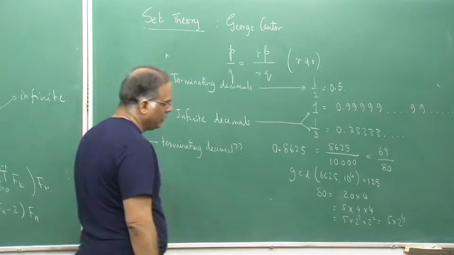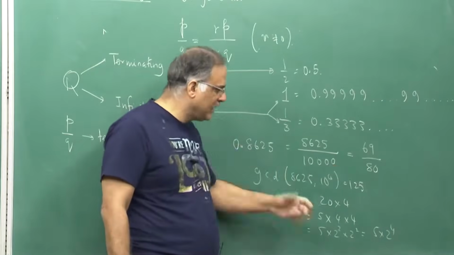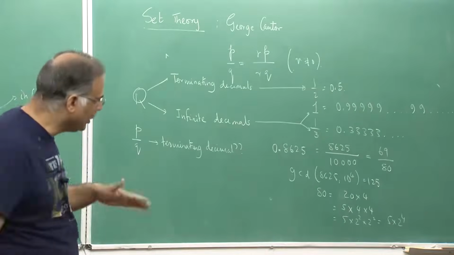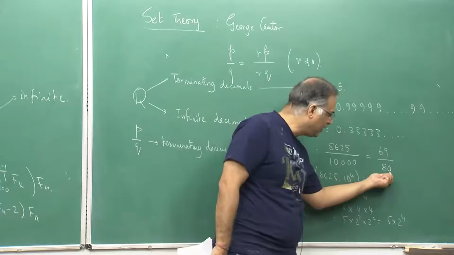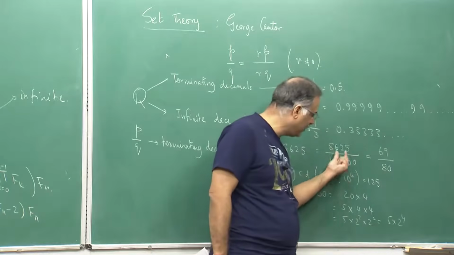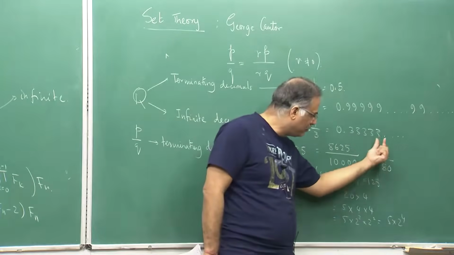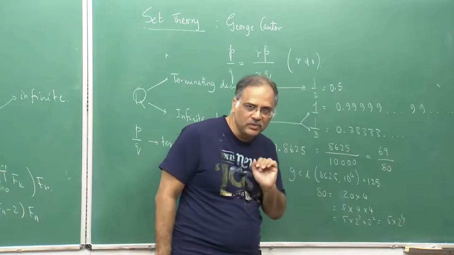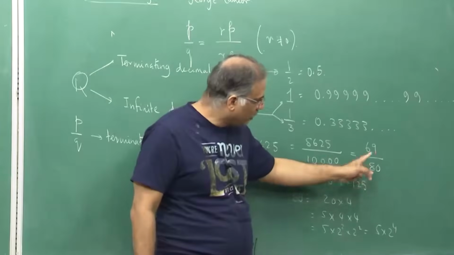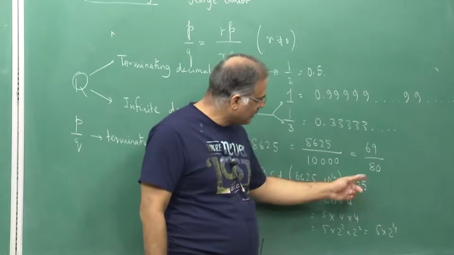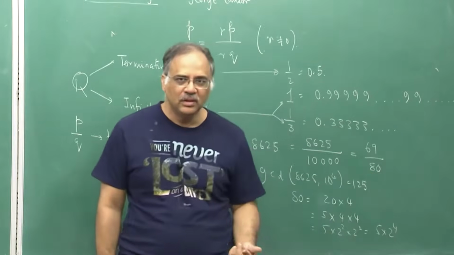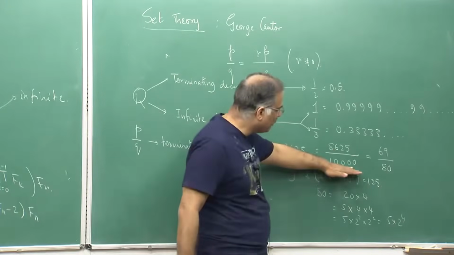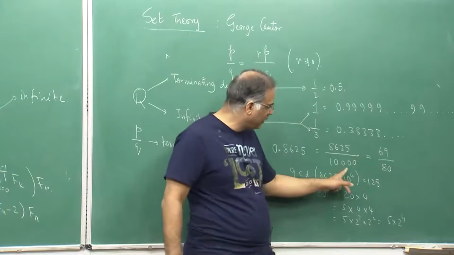So, what is happening when you have a terminating decimal? Because you are ultimately dividing by the GCD to get P by Q in the lowest form, you cannot do any more of the cross cuttings that you have learnt in school, any more divisions. What is 80? This number is a multiple of this number, because you have divided by the GCD.